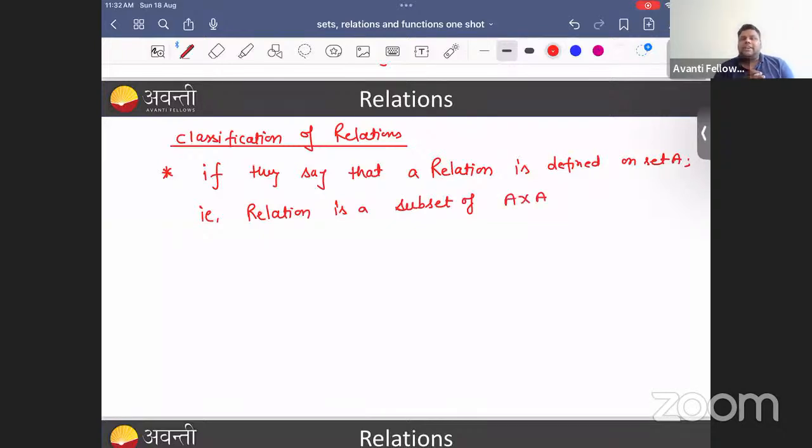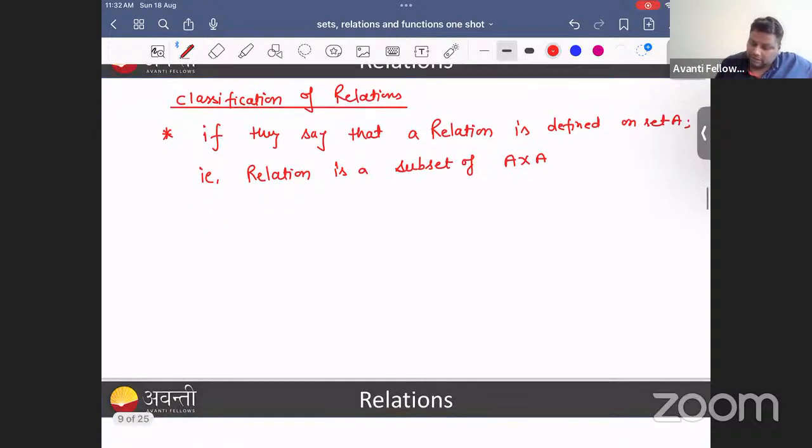Generally, what you have studied in class 11, if a relation is defined from A to B, what do we say? It is a subset of A cross B. Now, sometimes if they say that a relation is defined on set A, that means it is a subset of A cross A.